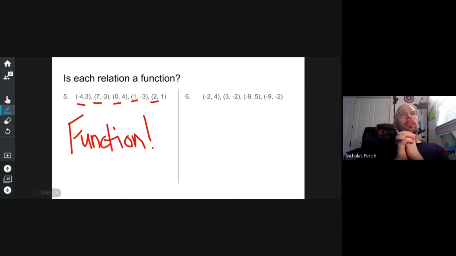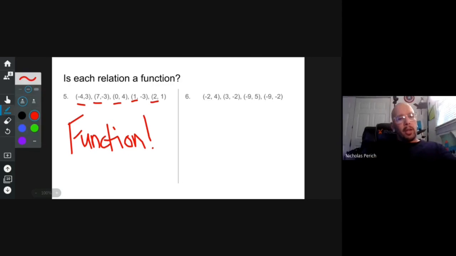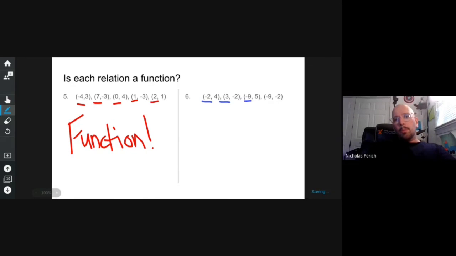Problem 6. I have -2, 4. I have 3, -2. I have -9, 5. I have -9, -2. Is each relation a function? I have to underline my x's. Do any of those underlines repeat? Is -2 used as an x again?